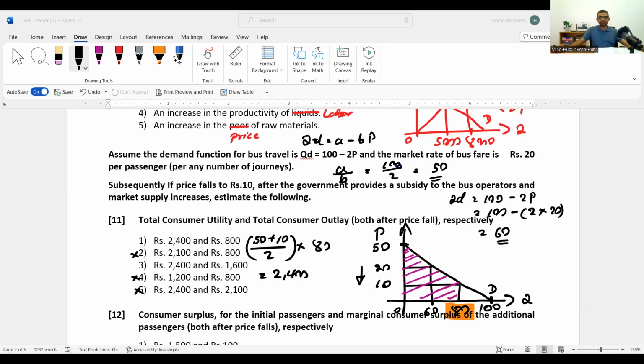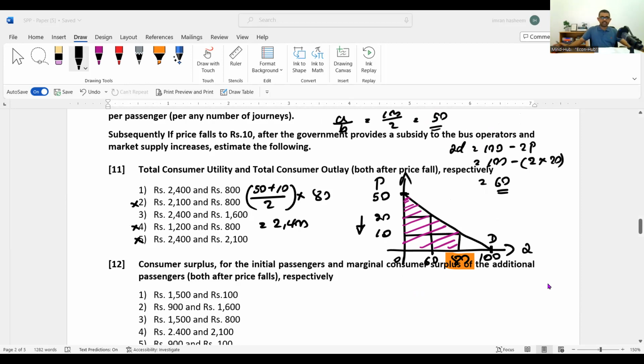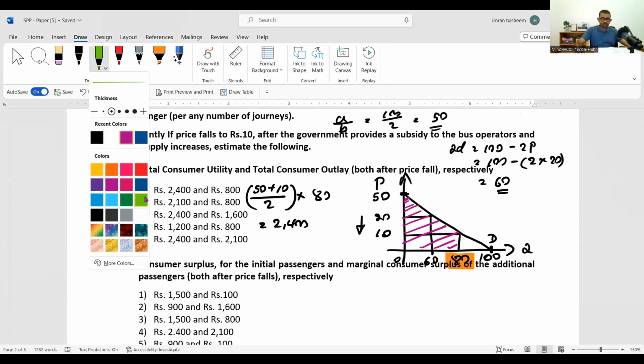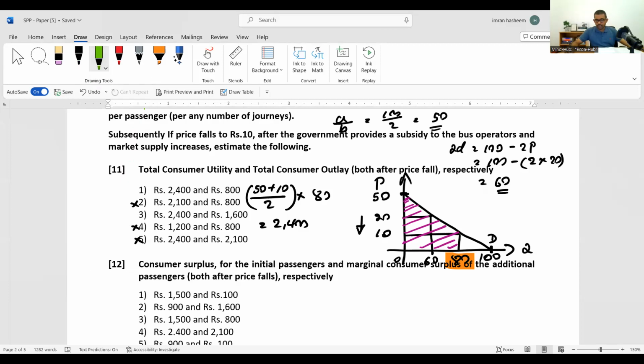Right. Then the next part is the total consumer outlay. That's easy. I'll use another color to contrast with this so that you guys will see it properly. Green. Now the purple and green area that I'm about to shade would be the expenditure. We buy at 10, there are 80 consumers.